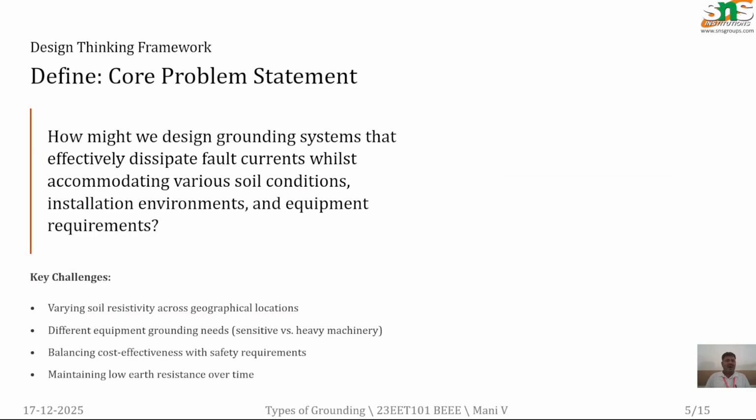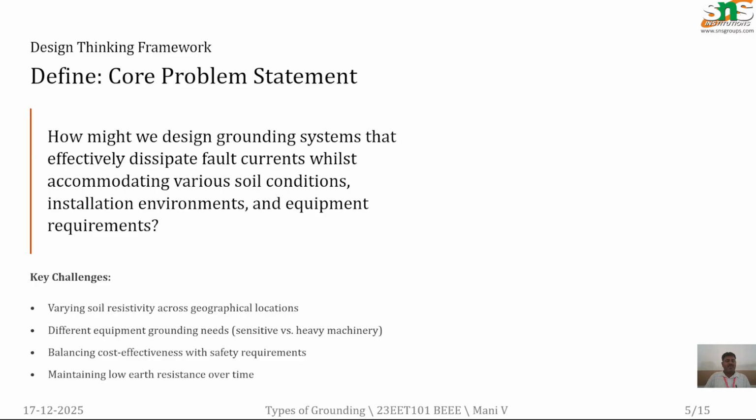So in the main problem of the earthing system, how might we design a grounding system effectively, which allows fault current or leakage current to immediately transfer from the circuit into the soil, that is, earth.